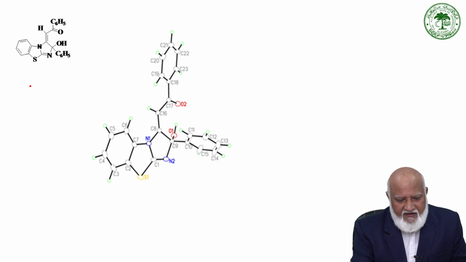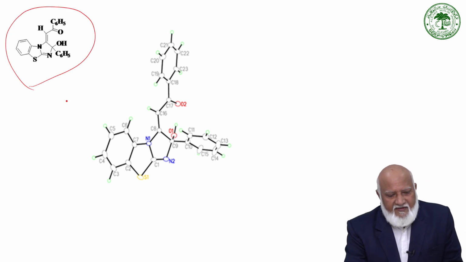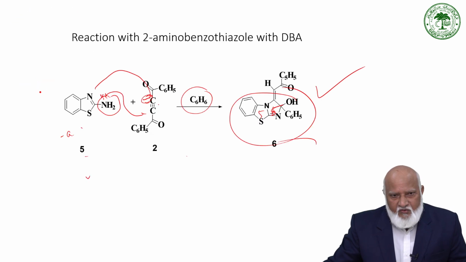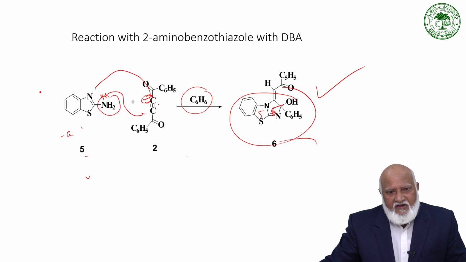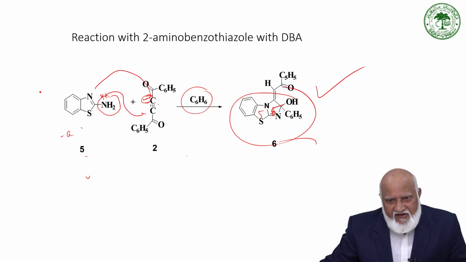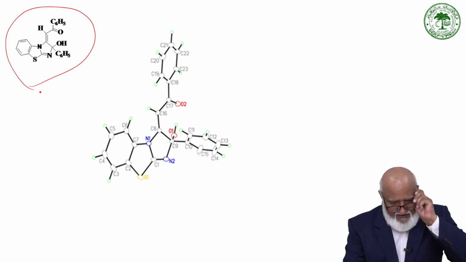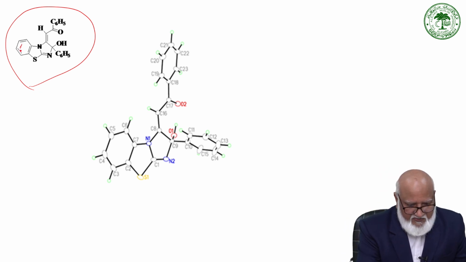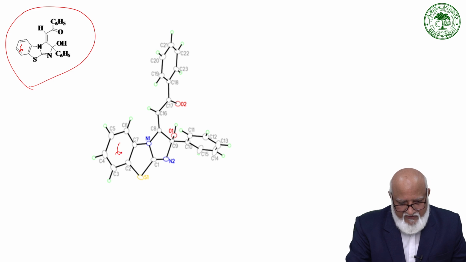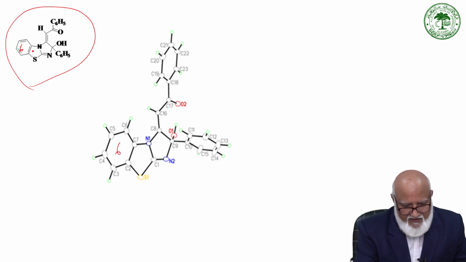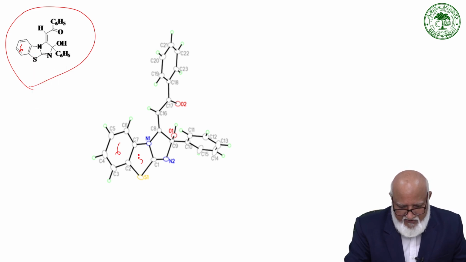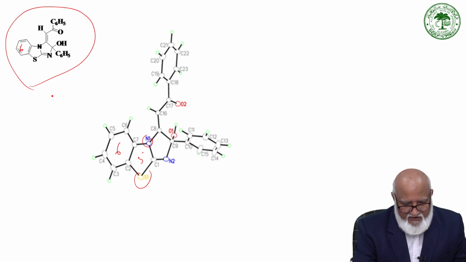This is the cyclized product of 2-amino benzothiazole with dibenzoyl acetylene. This is a benzene ring, a 6-membered ring. This is an imidazole ring, a 5-membered ring, with nitrogen and sulfur here, and then there is another nitrogen with a double bond.